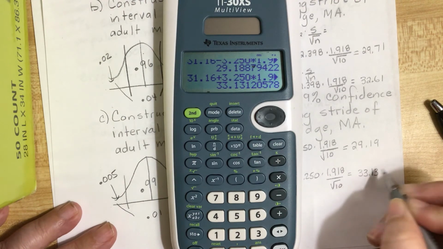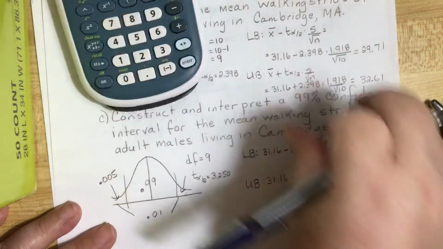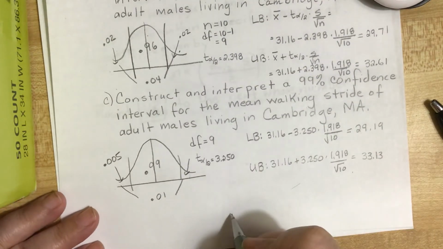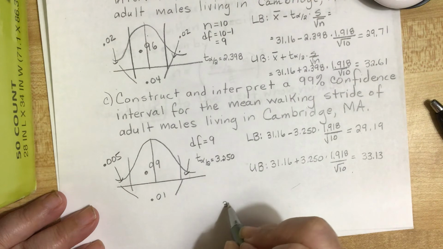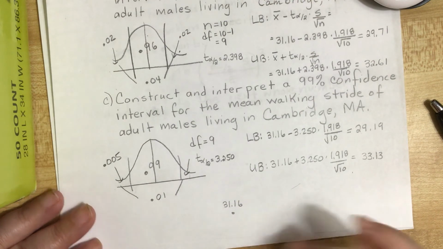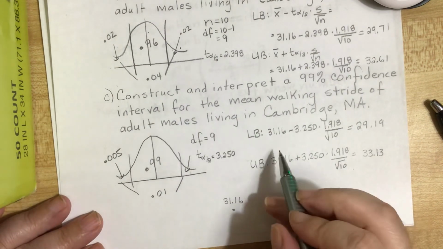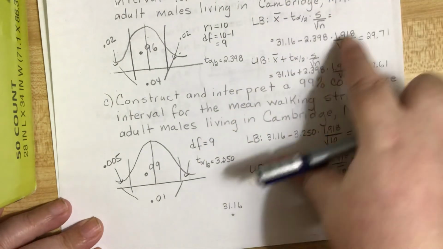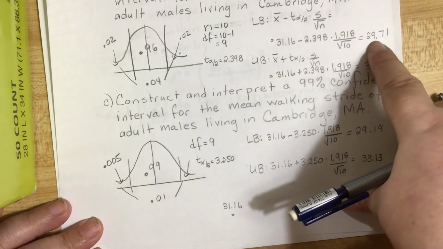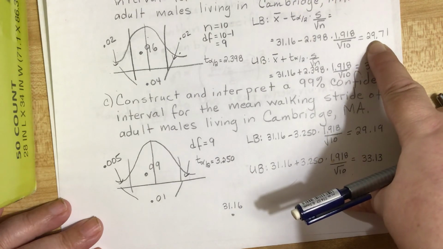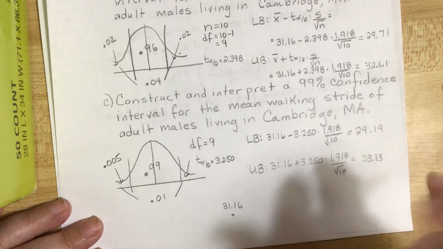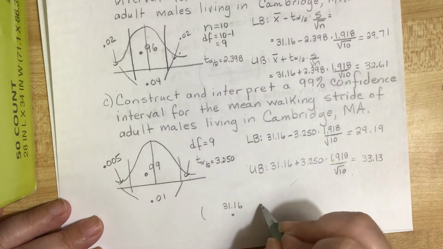So if I'm looking at that point estimate of 31.16, it is here. If I put a confidence interval around it with only 96% confidence, we've got 29.71 to 32.61, somewhere here.